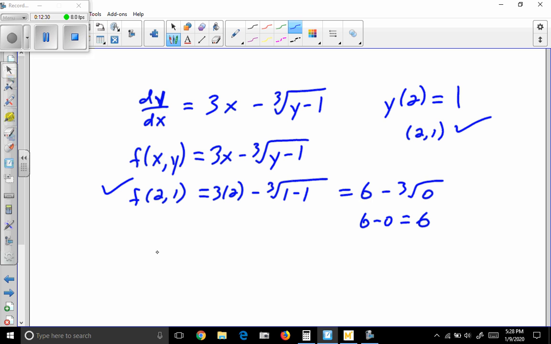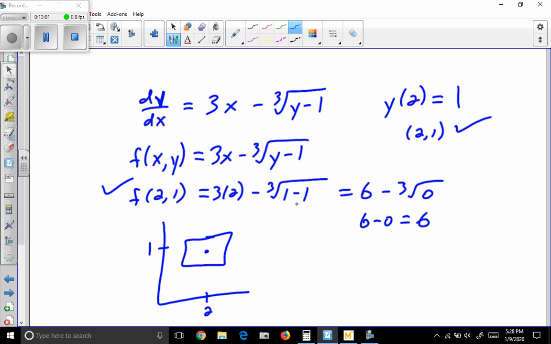Now, let's think about, is that point in some rectangle for which this is continuous? So, if we go a little bit to the left of 2 or a little bit to the right of 2, a little bit above 1 or a little bit below 1, is that still going to be defined?